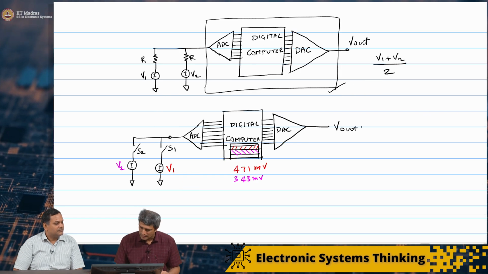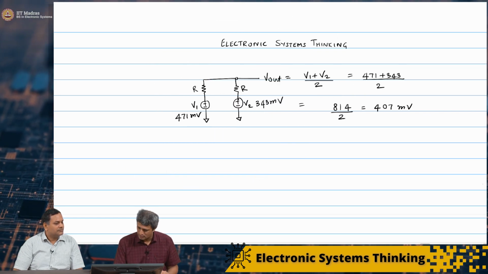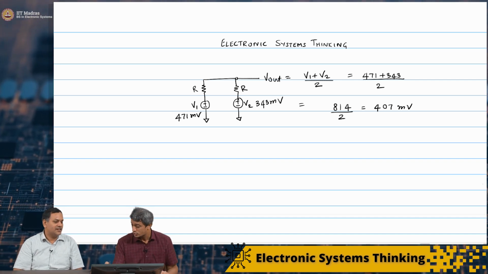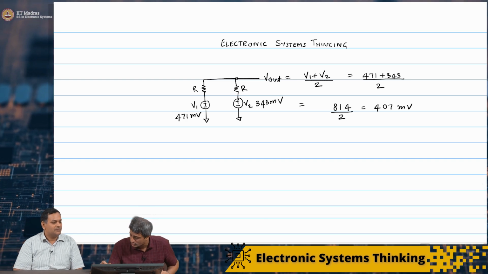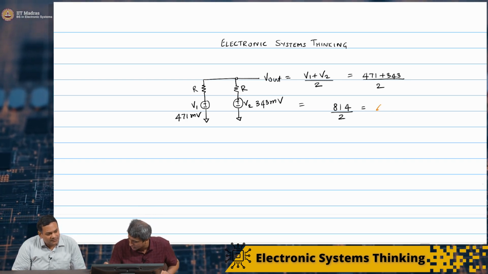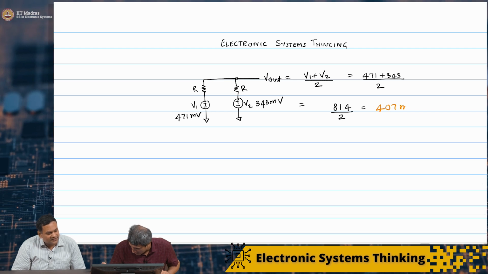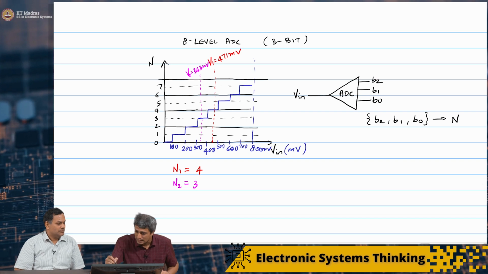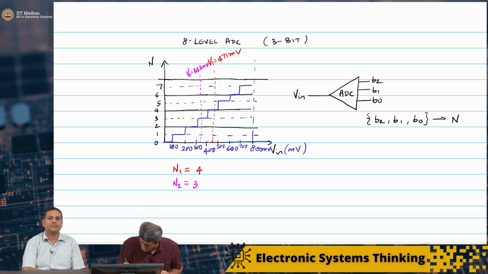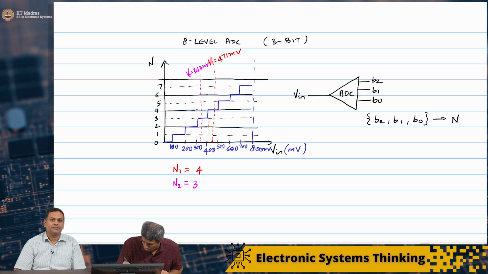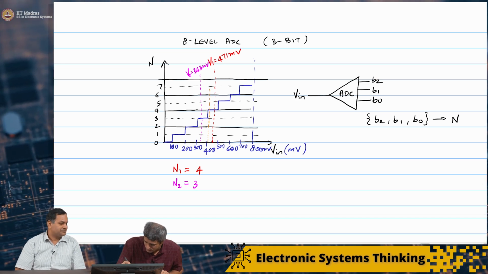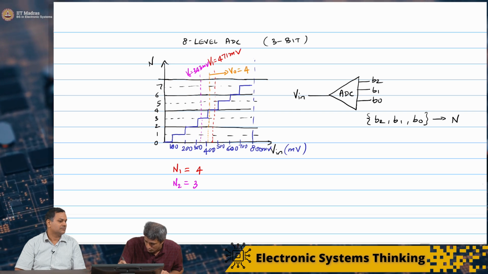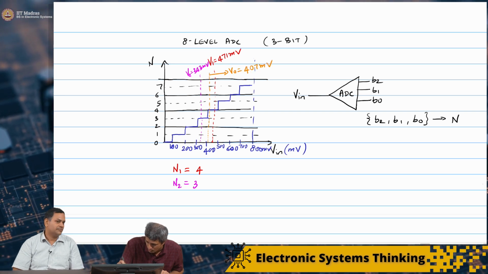Now there is another voltage which has come out, the analog computed voltage, which is 407 millivolt, and I'll use a different color to represent this. That is sitting very close to this 400. So this is Vout equal to 407 millivolt.